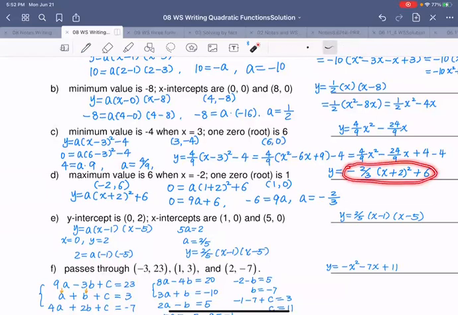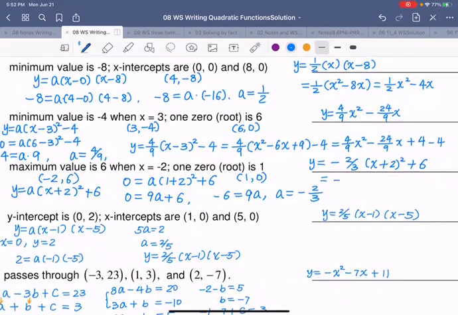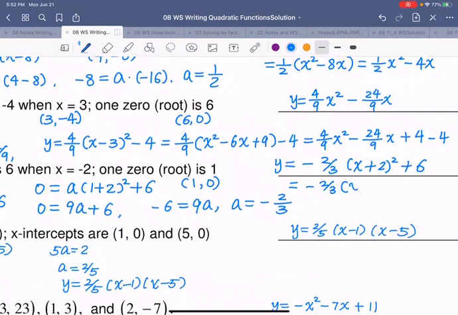Now, Charles, I want to expand this. Go ahead. It equals -2/3 times (x squared plus 4x plus 4) plus 6. Then you get -2/3 x squared minus 8/3 x minus 8/3 plus 6. 6 can be changed to 18/3.